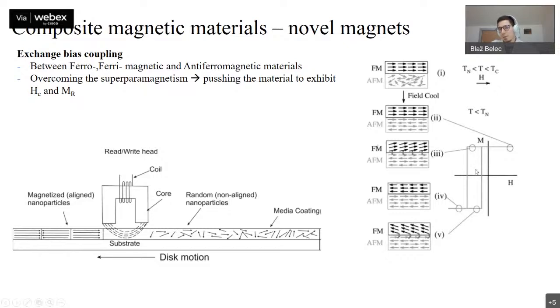And of course, then we somehow push coercivity and remanent magnetization into our material, and we can use smaller nanoparticles that usually at room temperature exhibit superparamagnetism, but here we have a magnetic material with spontaneous magnetization.